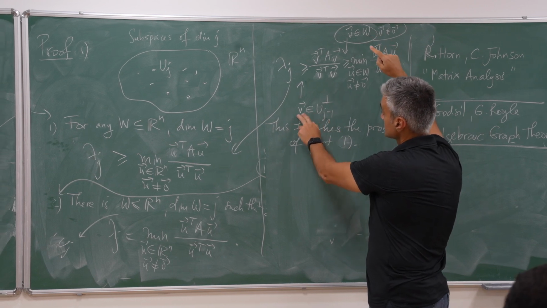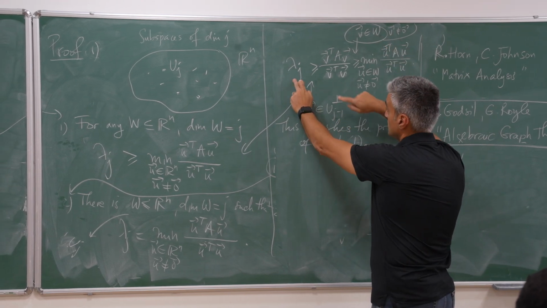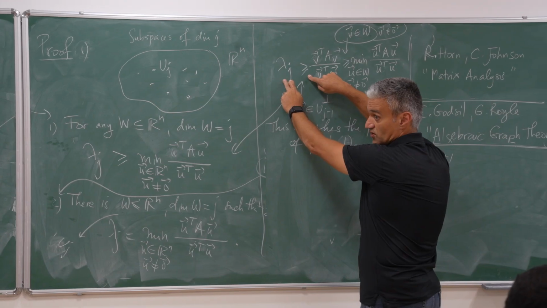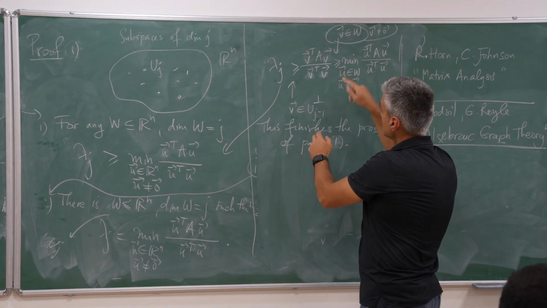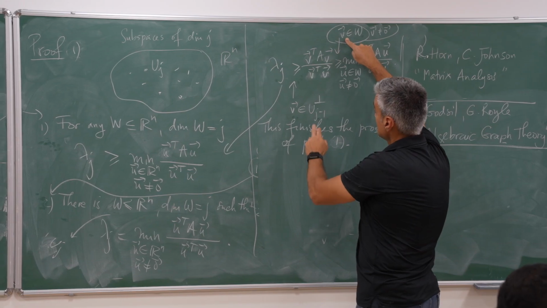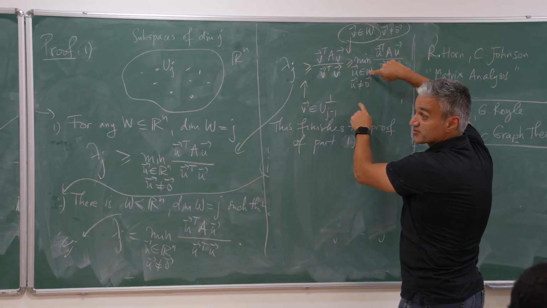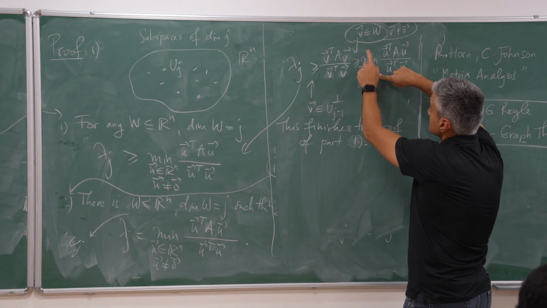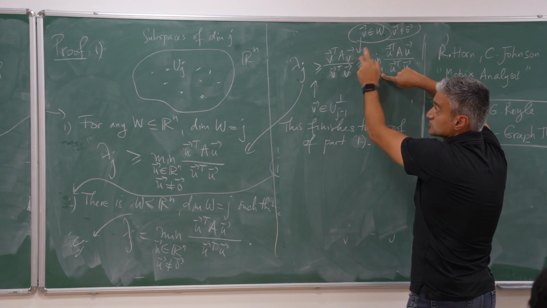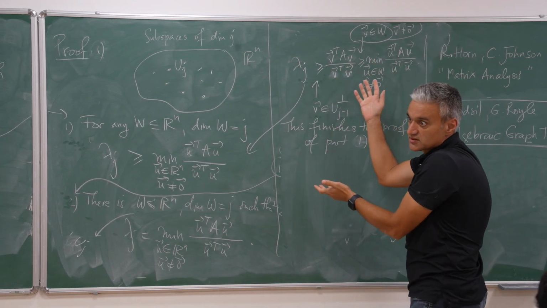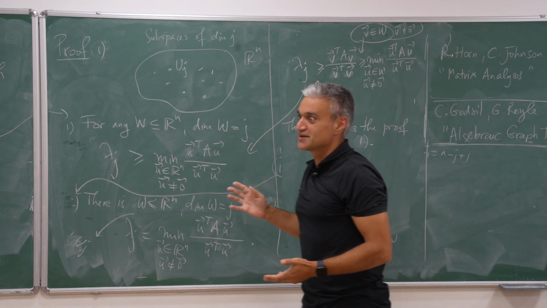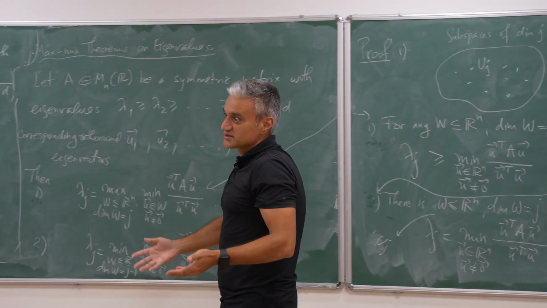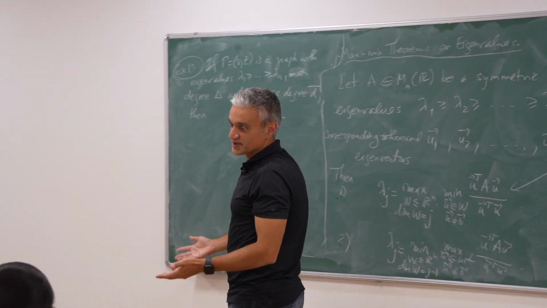Because it's here, you get this. By this, you write it as a linear combination. Because it's here, this is a minimum over everything in here, but this vector is in there. So the minimum is less than or equal. There's no linear algebra here. This is just that the minimum value of a function is less than or equal to the value of the function at some point.